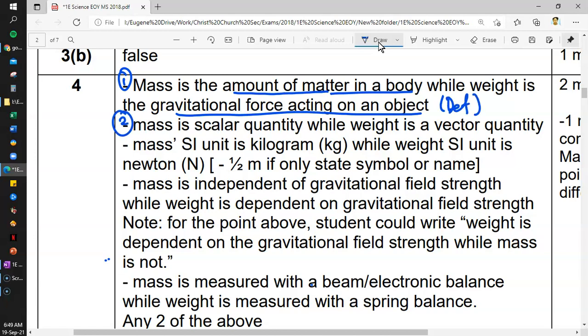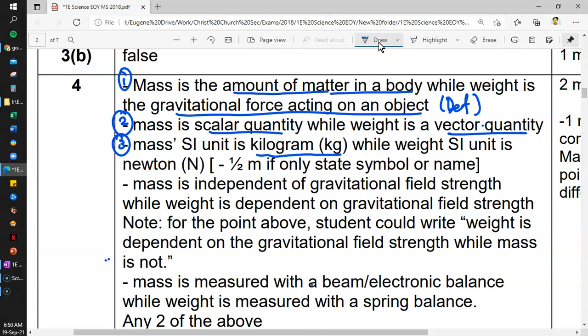Next, mass is a scalar quantity while weight is a vector quantity. A scalar is a physical quantity with magnitude only, whereas a vector has both magnitude and direction. The third thing we can say is in terms of the SI units.